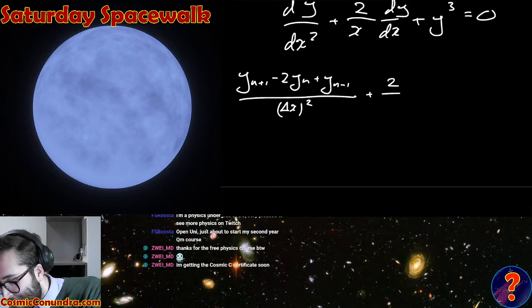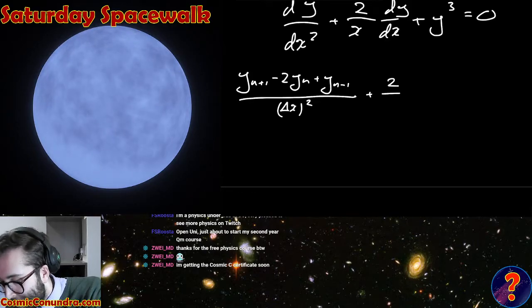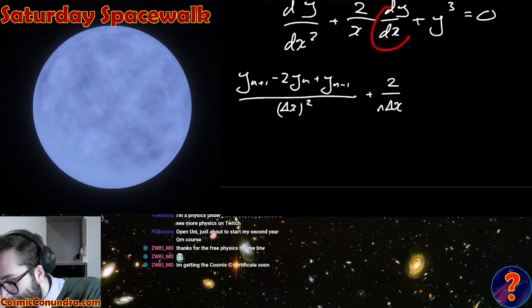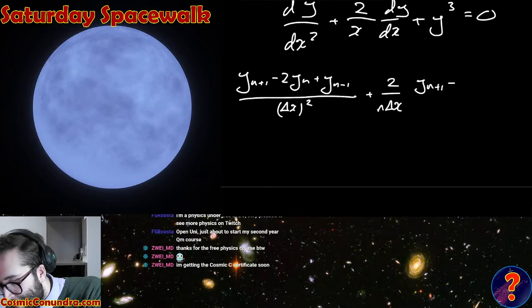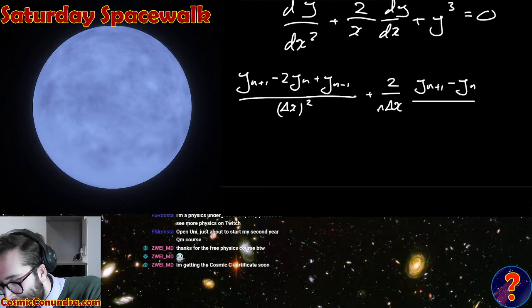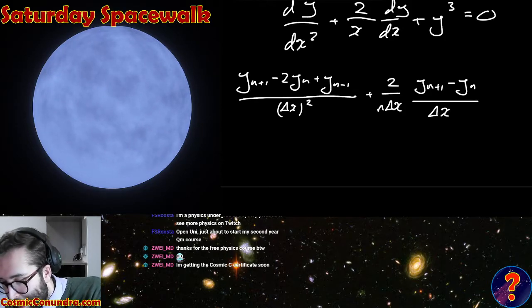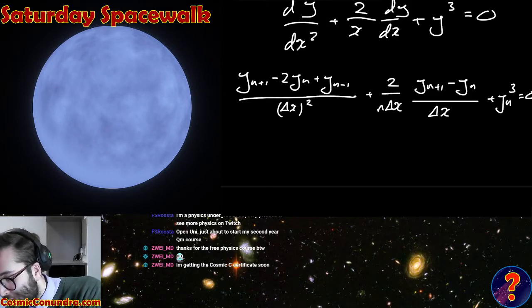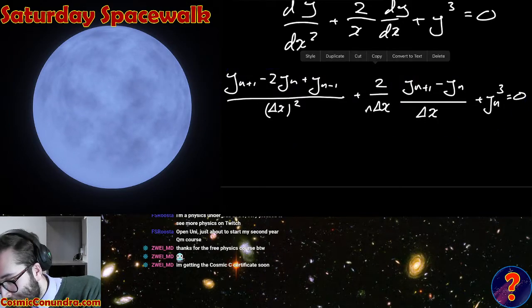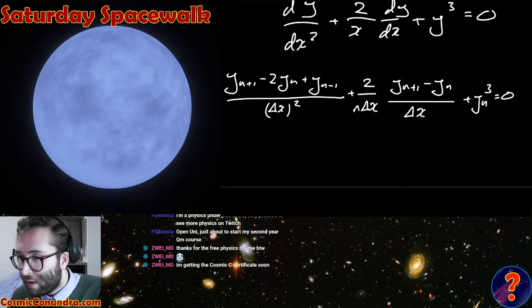Plus 2 over, now the x will become xn, and xn, remember, is just n times delta x. The dy by dx we found before was yn plus 1 minus yn over delta x, and the y cubed, well, the y now becomes yn. So plus yn cubed is equal to 0. That's how our equation changes when we put it on a discrete grid.